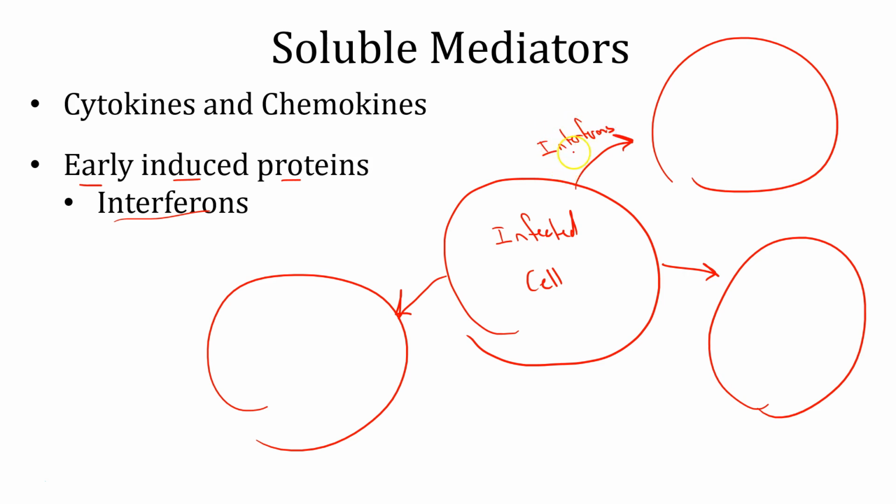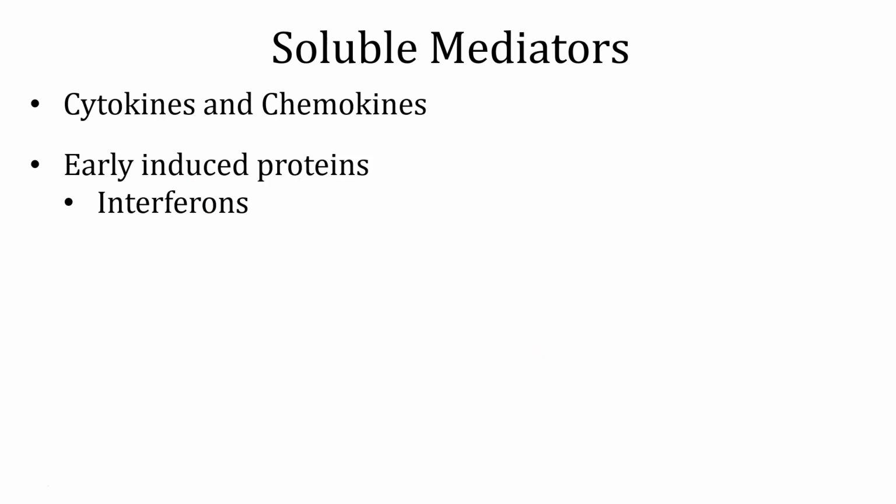There's a lot of different interferons. But the most notable thing that they would do is go to those neighboring cells and tell them to start producing antiviral proteins. Basically, an infected cell would send out interferons to tell the cells nearby, hey, I'm infected, protect yourself. So it's a general class of interferons.